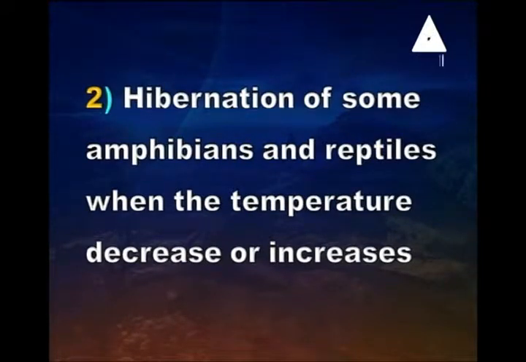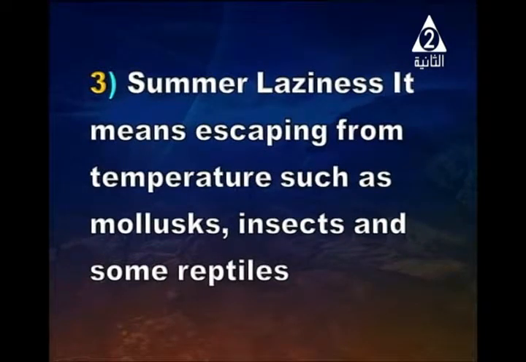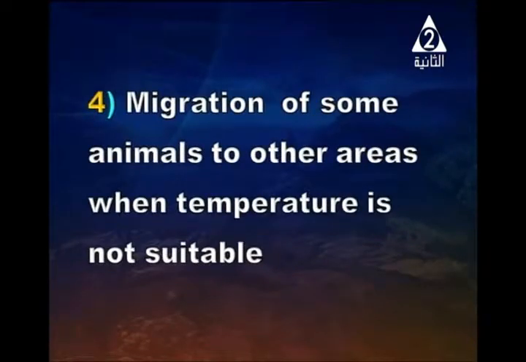We have another example like hibernation of some amphibians and reptiles. When the temperature decreases or increases, they start hibernation. Summer laziness means escaping from temperatures, such as in mollusks, insects, and some reptiles. Also we have migration of some animals to other areas when the temperature is not suitable.